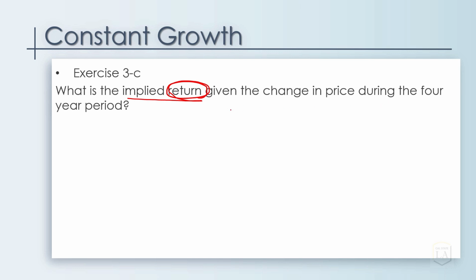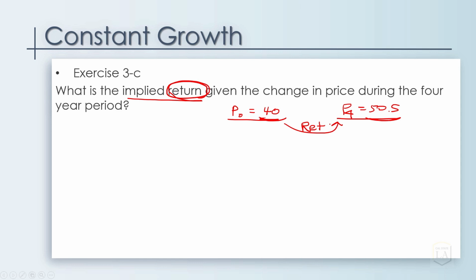So P sub 0 was 40. And then P sub 4, I believe, is 50.5. So let's suppose that you first purchased the stock at $40 and you're selling it at 50.5. Or maybe you just are holding this stock for a 4-year period. So why don't we just call this return, or implied return, or the price change, RET, or return.